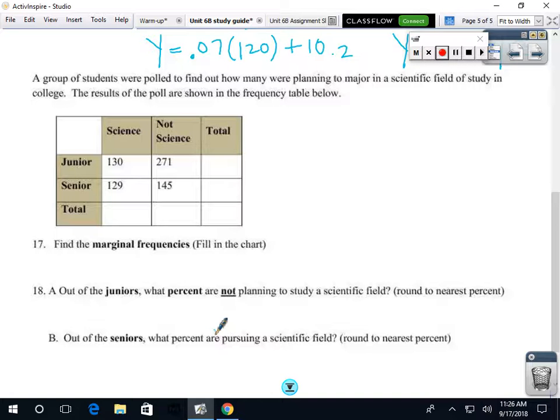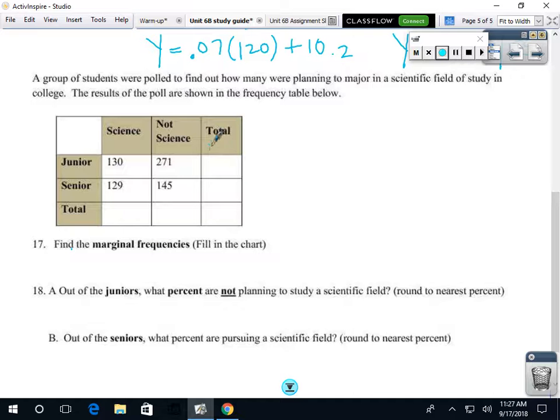Okay, here we go. A group of students were polled to find out how many were planning to major in a scientific field of study in college. The results of the poll are shown in the frequency table below. Number 17 says find the marginal frequencies. What are marginal frequencies? Totals.